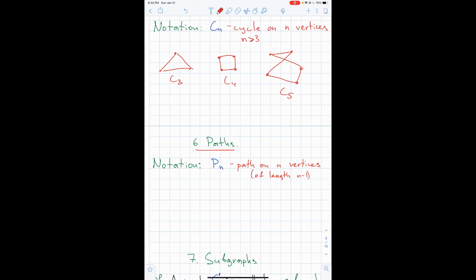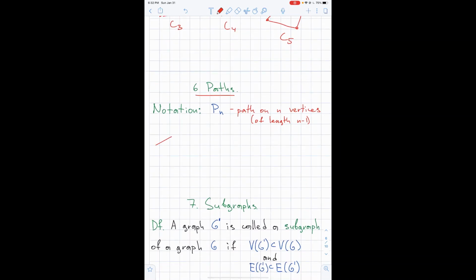Remember that the length of a path is the number of edges in it. So this is P2, right? And P3 will look like that. And again, you can draw it in some fancy way if you want. So that's a P4.